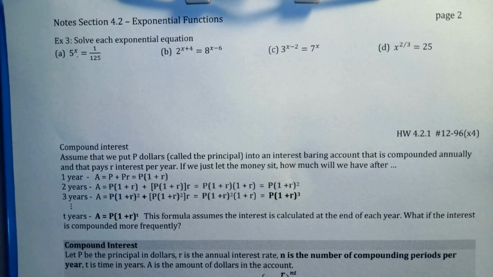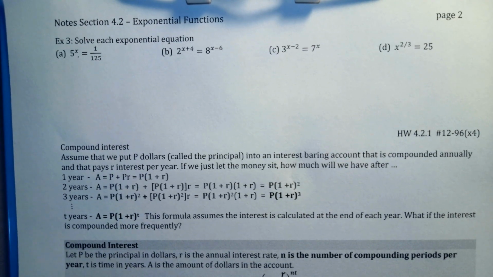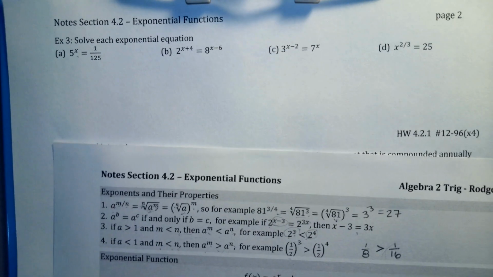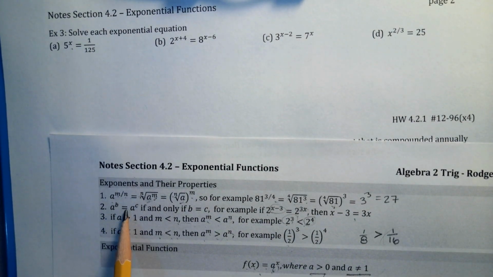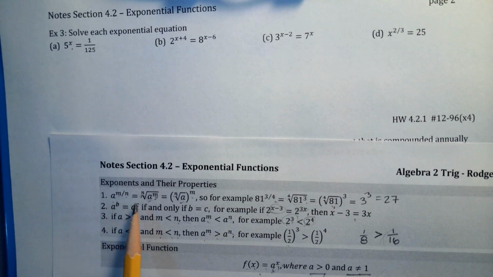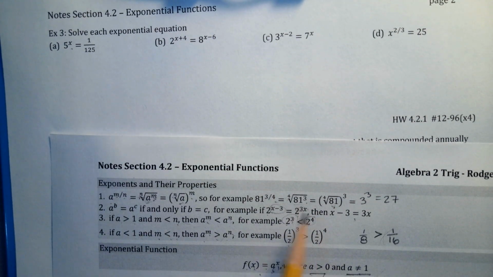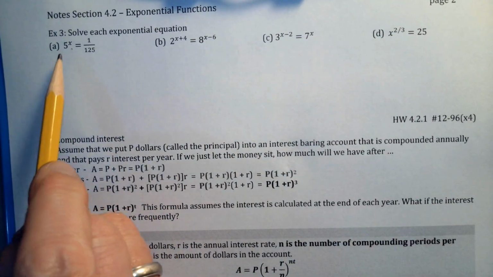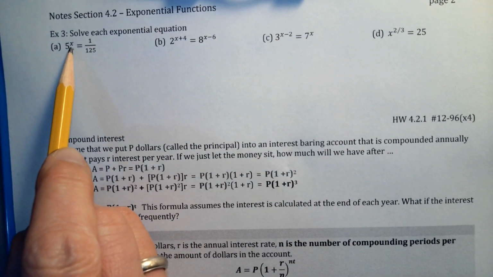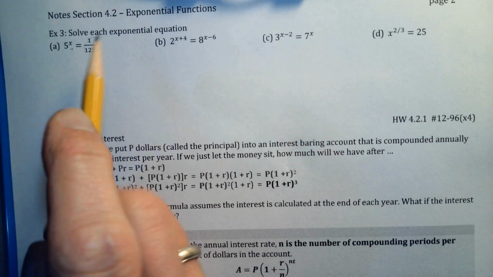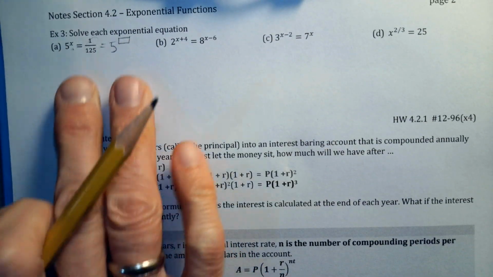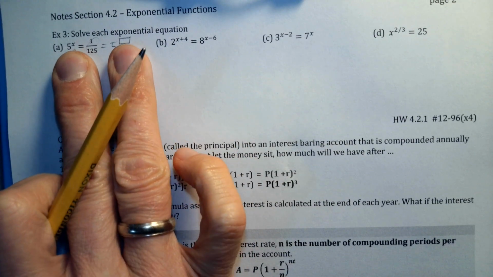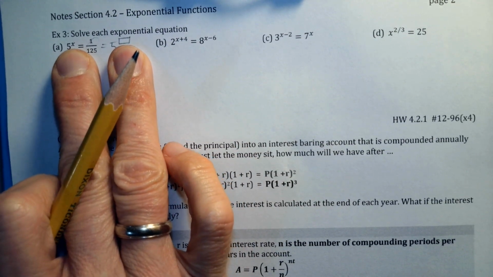But we want to use the rule that we talked about here, that if the bases are the same, then we can just set the exponents equal to each other. And that's really what we want to do here. So the variable is up in the exponent. I need to write this as 5 to some power. That way I can set my x and this expression equal to each other.